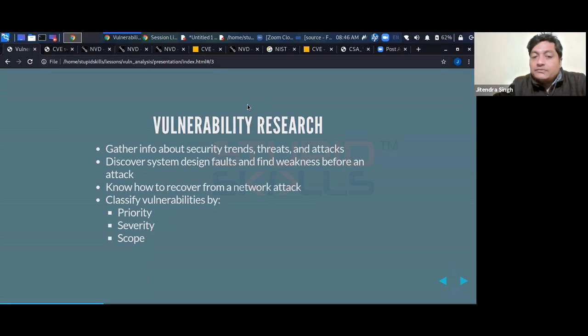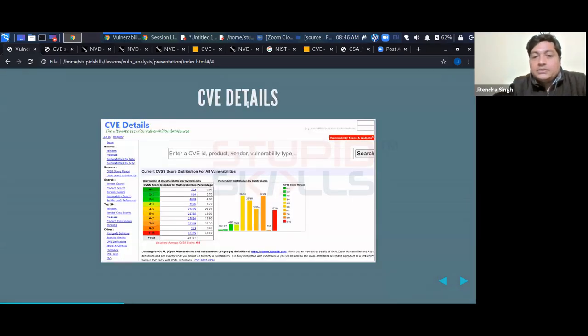Generally, vulnerabilities are classified on the basis of priority, severity, and scope. There is a very famous website called cvedetails.com. If you visit that website, you will see that they publish quite detailed information on how these vulnerabilities are distributed by their CVSS scores.